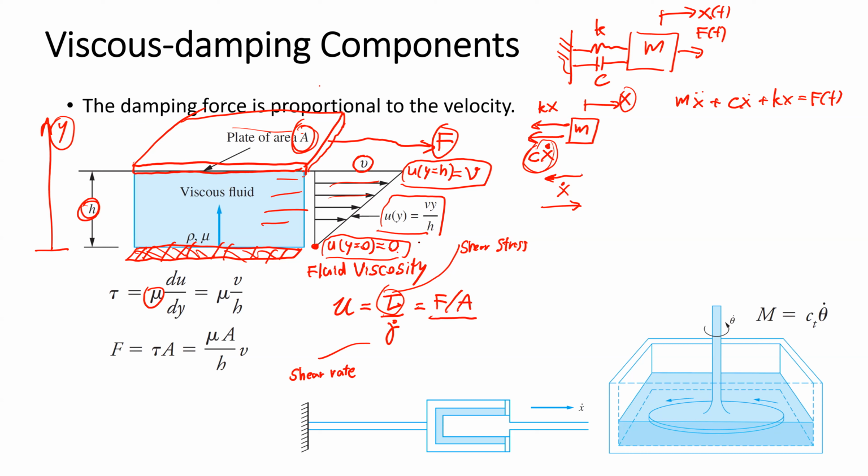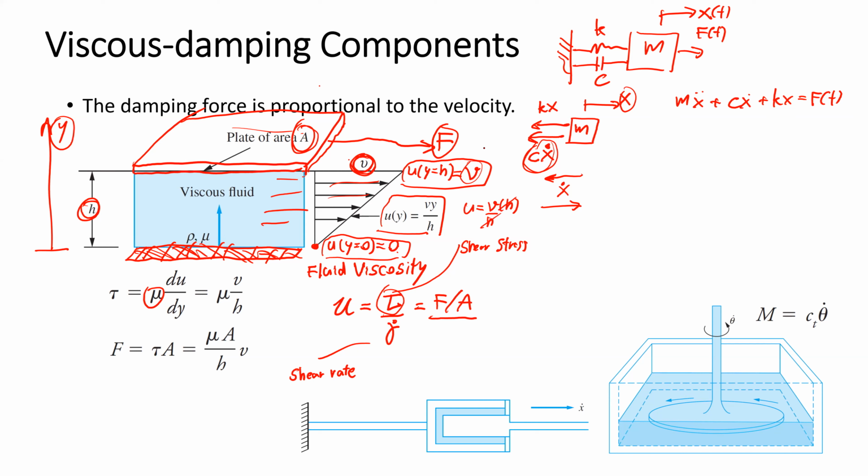So here at the bottom layer, y equal to 0, so u equal to 0. At the top surface, y equal to h, so u equal to v per h multiplied by h. So on the top layer, u equal to v.